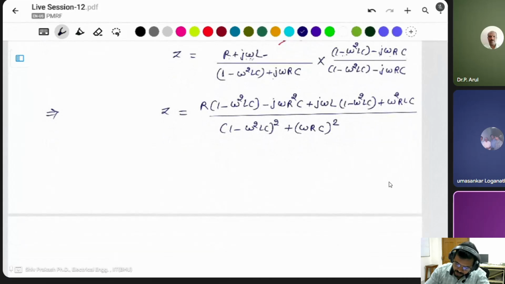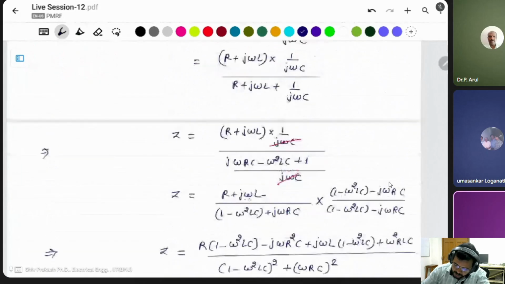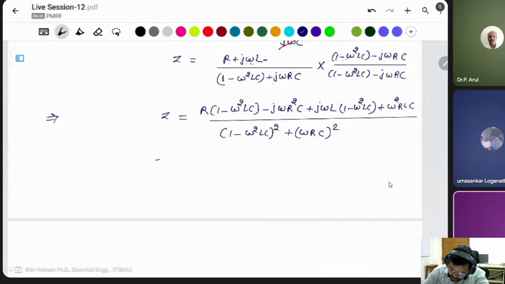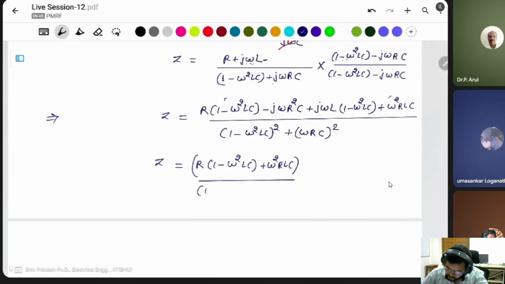Now you can take the real part together and the imaginary part together. The real part in this case is R times 1 minus omega square LC plus omega square RLC, divided by the same 1 minus omega square LC whole square plus omega RC whole square.